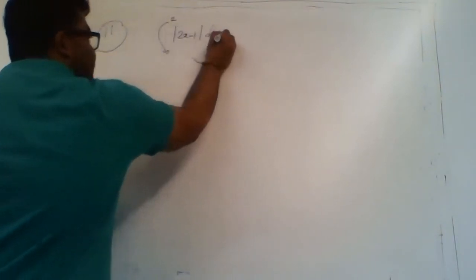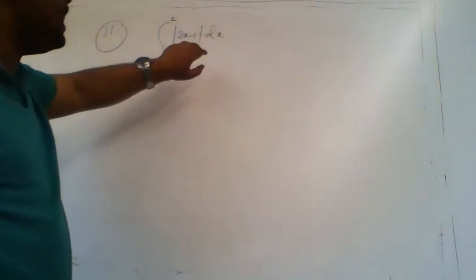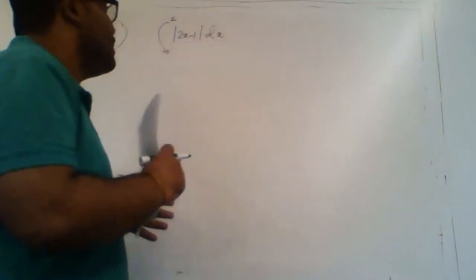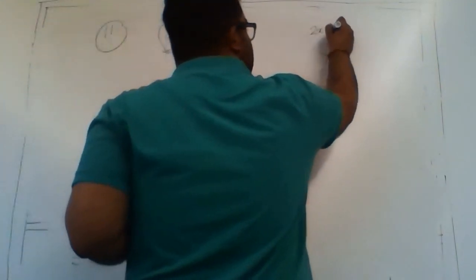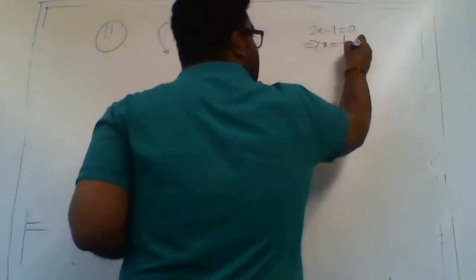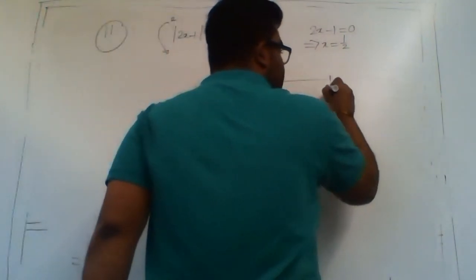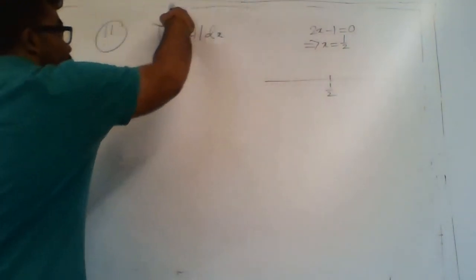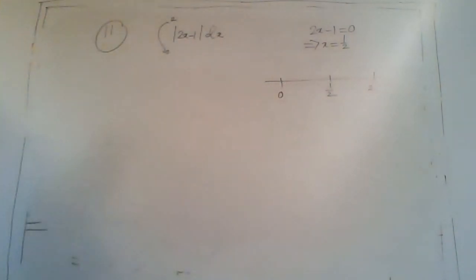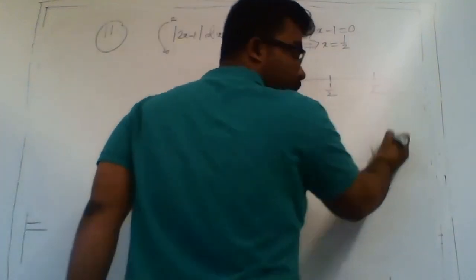Again we have an absolute value problem. So how to do it? We equate whatever is inside the mod, that is 2x minus 1, to 0. So 2x minus 1 equals 0. You get x equals half. Put this half on the number line. Also put the left end point and the right end point. So the left end point is 0 and the right end point is 2.